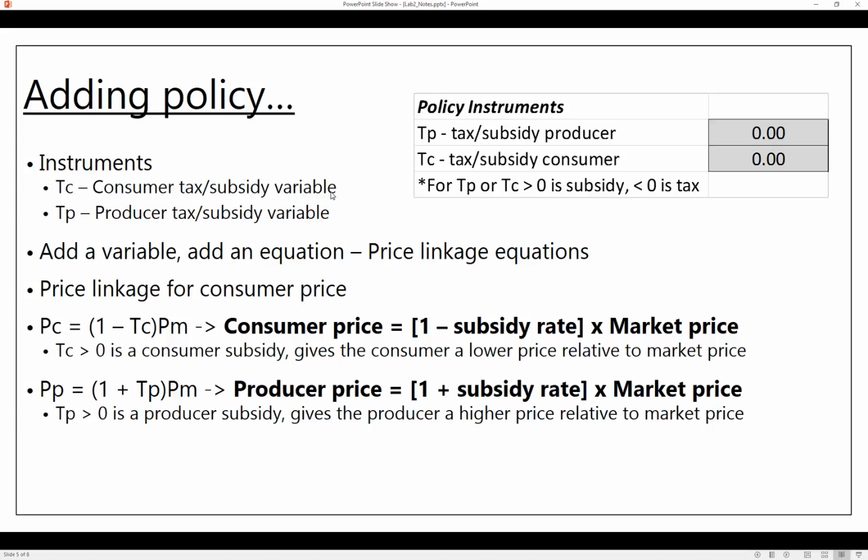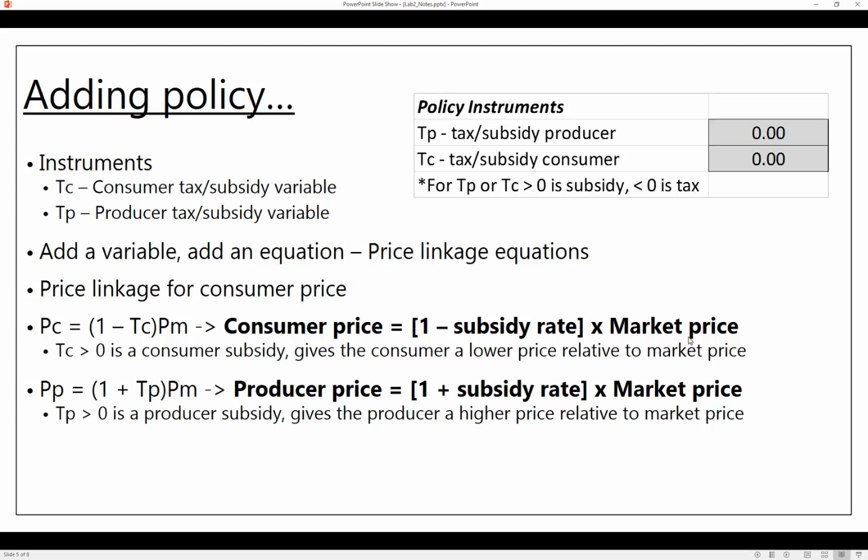If it works against them, or is a negative to their wishes about price, we call it a tax. So for a consumer price, let's move down to this equation: the consumer price is equal to 1 minus TC times PM. And I say here that if the consumer tax rate is greater than 0, then it's a consumer subsidy. And why do I say that?